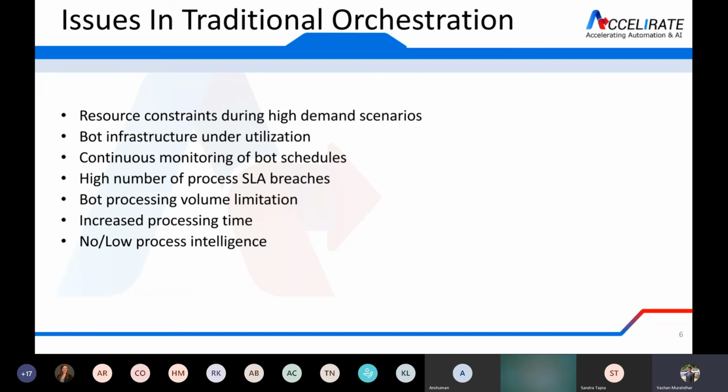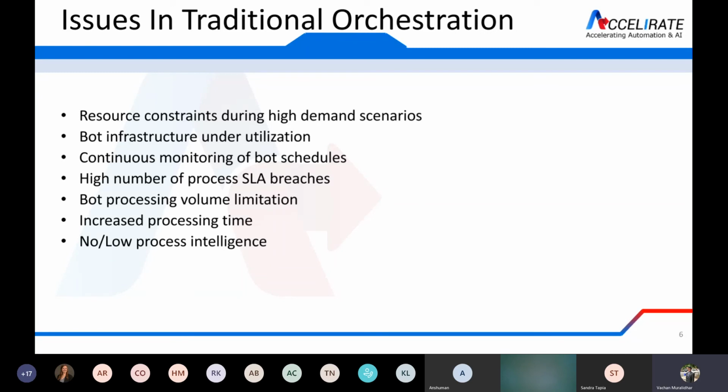All these constraints make the transactions take more time, which leads to increased processing time for the bots. And the final thing is low intelligence. With the traditional orchestration, we don't have any intelligence about the bot operations and how they are going to be performed in the future. So these are the issues in the traditional orchestration.